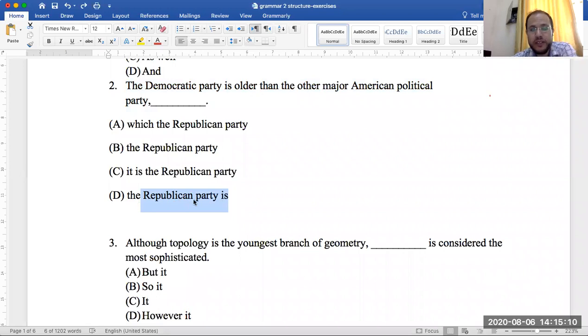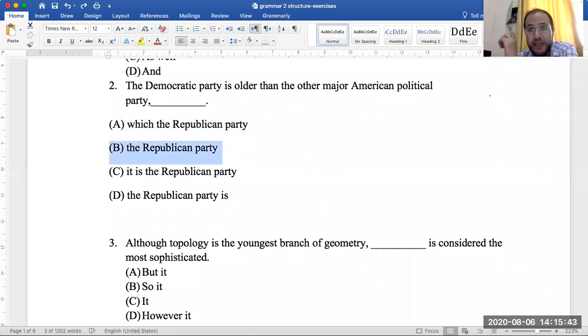Even if it's correct, the Republican Party is, you can't connect 2 sentences with a comma. And A is also wrong. Some of you are saying A is wrong because A has 2 subjects actually, which is a subject, and here kind of the Republican Party can be a subject. So 2 subjects, no verb, this is wrong. The right answer, some of you said B, yep. The right answer is B.